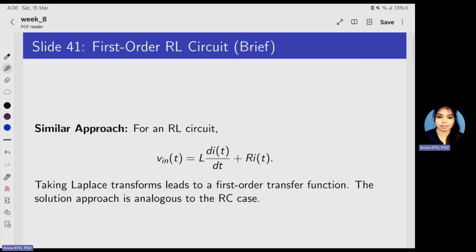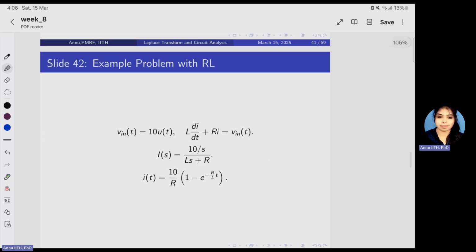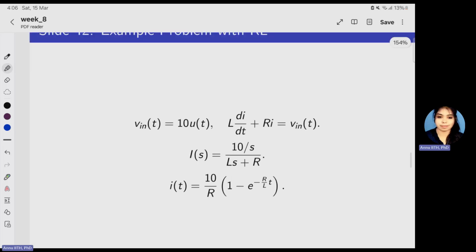You can just solve it like the RC example problem.